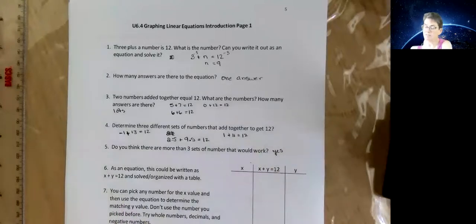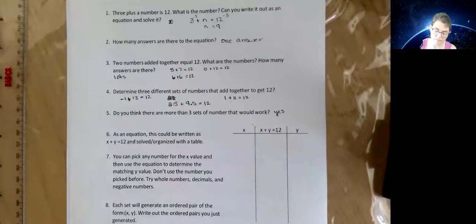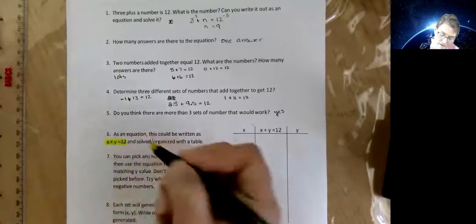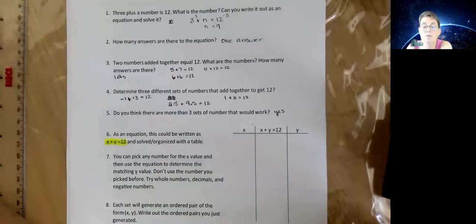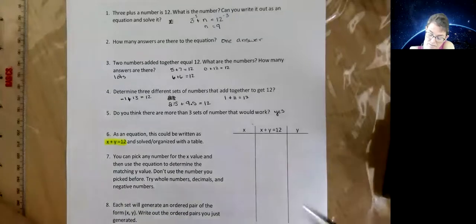As an equation, the 2 numbers add up to 12. Keep organized nicely with a table just like this. You are going to make an awful lot of these tables in the next little while. What you do is pick any number you want for the x value. I'll pick 2.